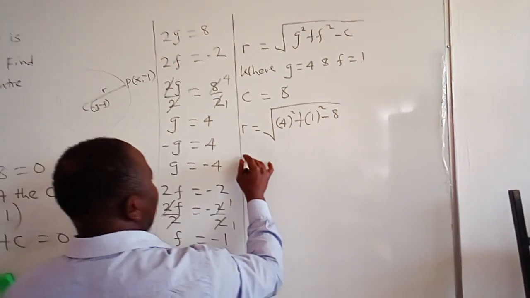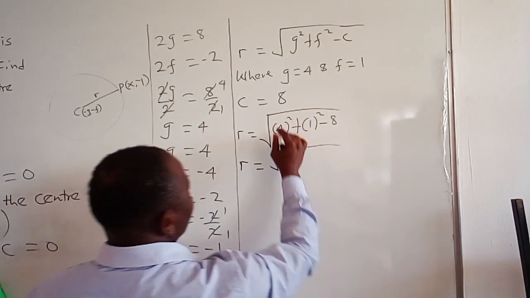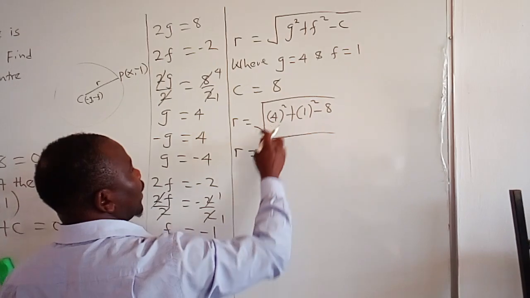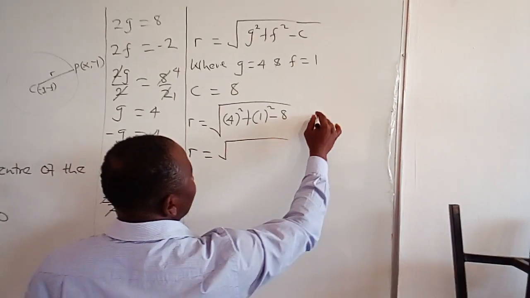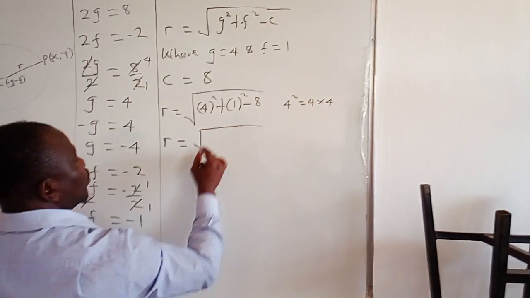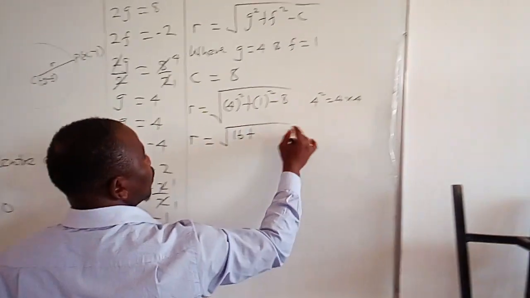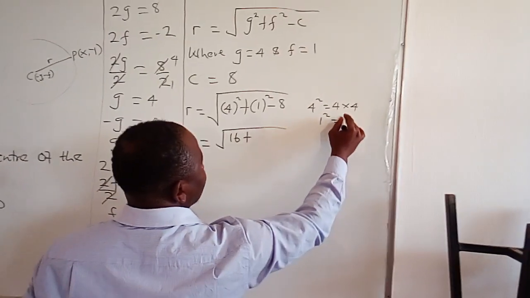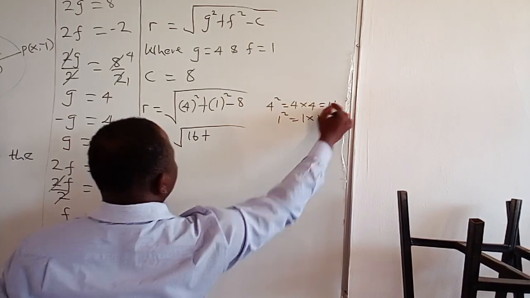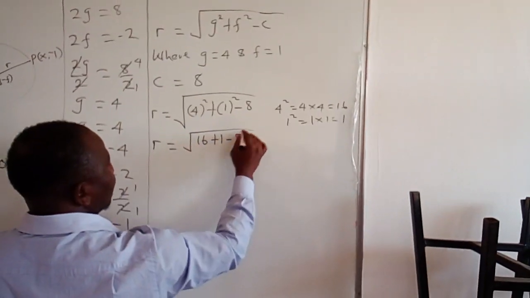Then 4 squared means 4 times 4, which gives you 16, plus 1 squared means 1 times 1, which is 1, minus 8.